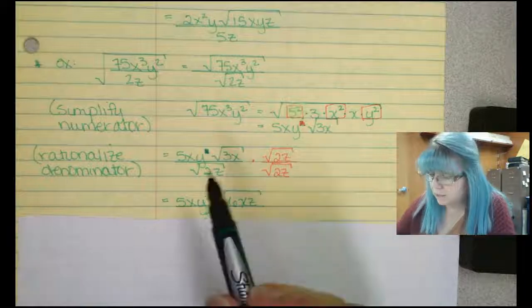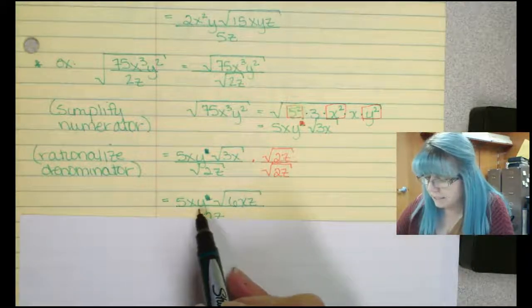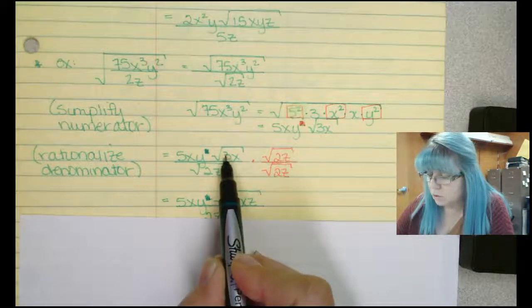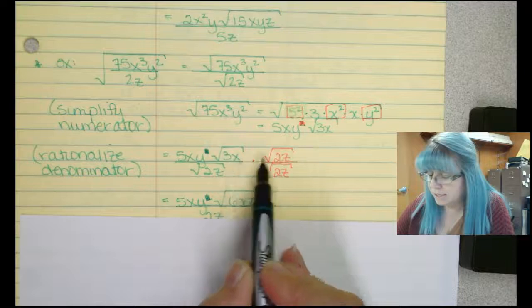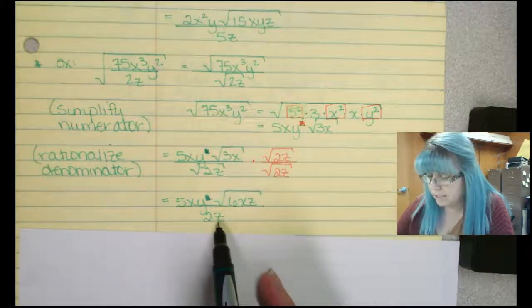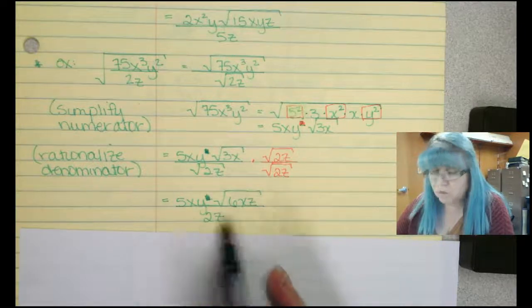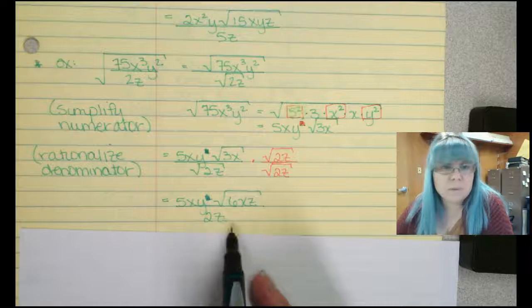By doing that, it's going to be 5xz times the square root of 3 times 2 is 6, and the square root of x times z is xz, all over 2z. There is nothing here we can reduce. There's nothing here that can be simplified. Therefore, we're done.